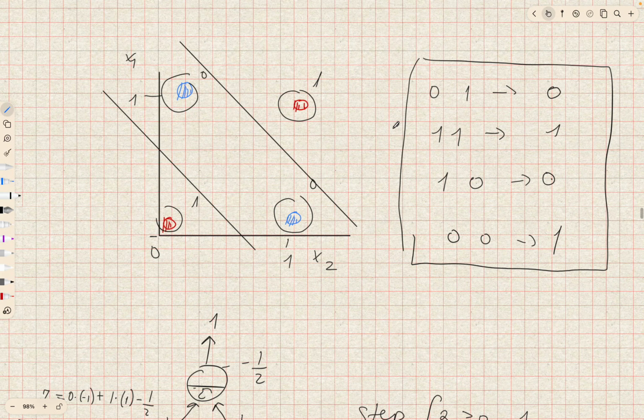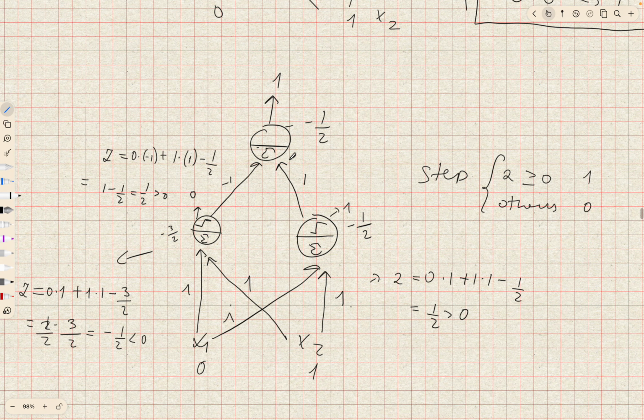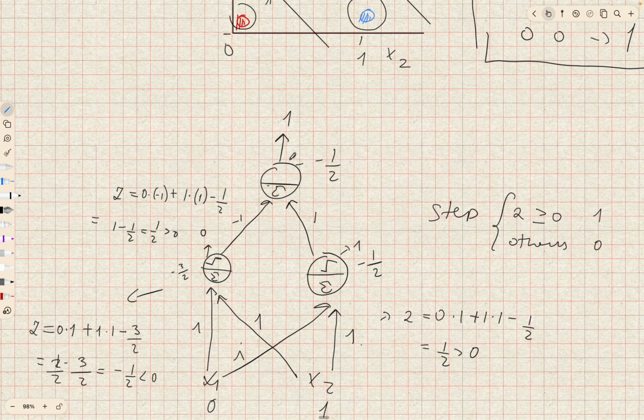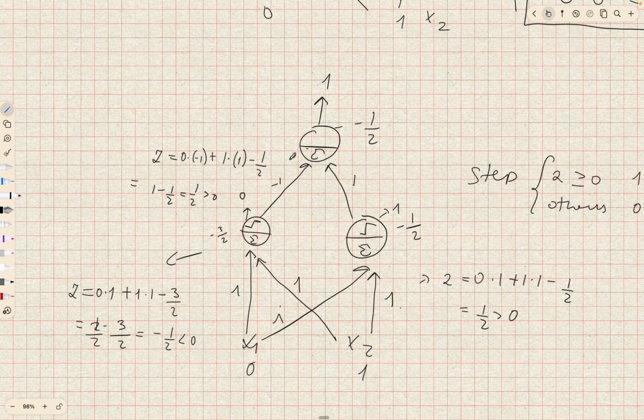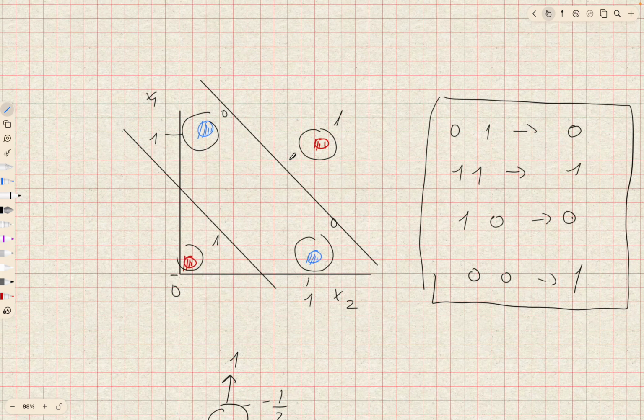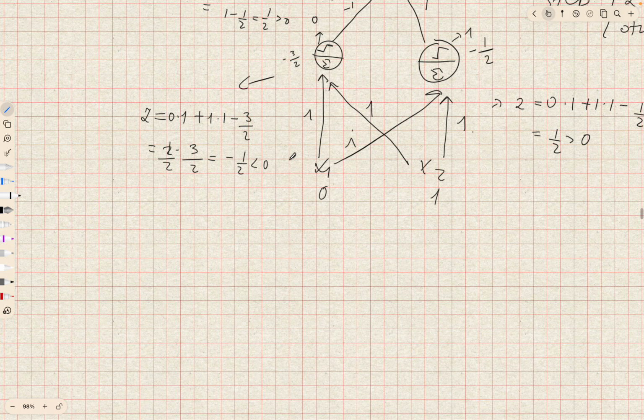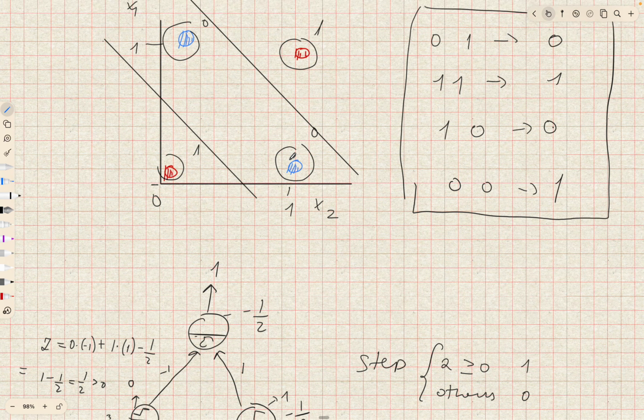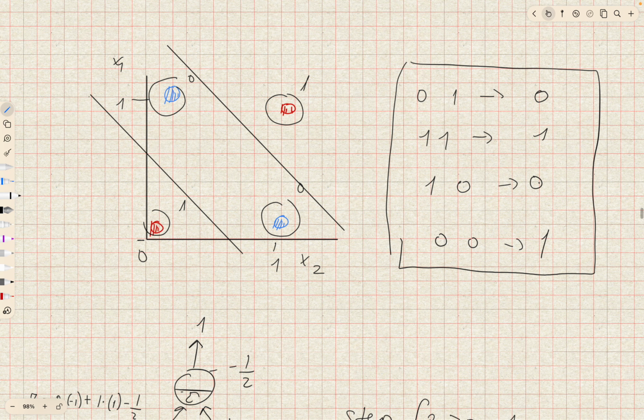Now why did we get 1? We actually made a mistake here. 0, 1 should have been 0. Let me just check it.